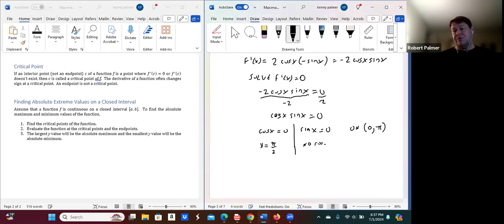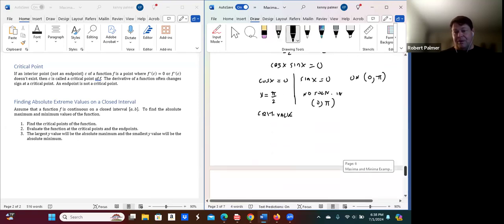There is no solution to this part of it in or on 0 to pi. Of course, sine is zero at both x equals 0 and x equals pi. But we're not including the endpoints. Okay. So this is our critical value, the critical point. Just 1 in this case.